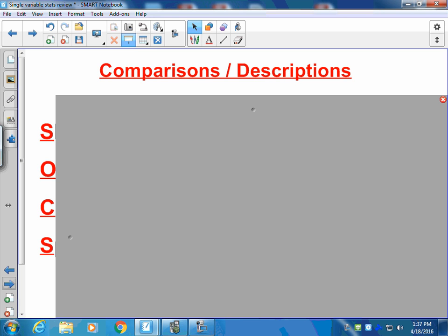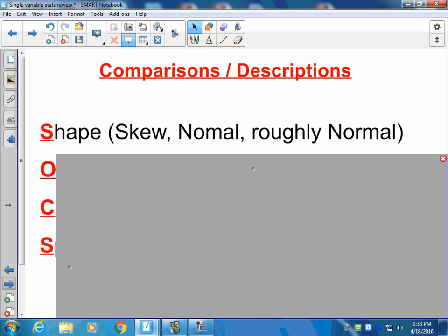Now, one of the last things you would be asked to do in a single variable situation is a comparison or to describe the distribution. We have an acronym that we use when doing those comparisons or descriptions, and we call it SOCS. The first S stands for shape.